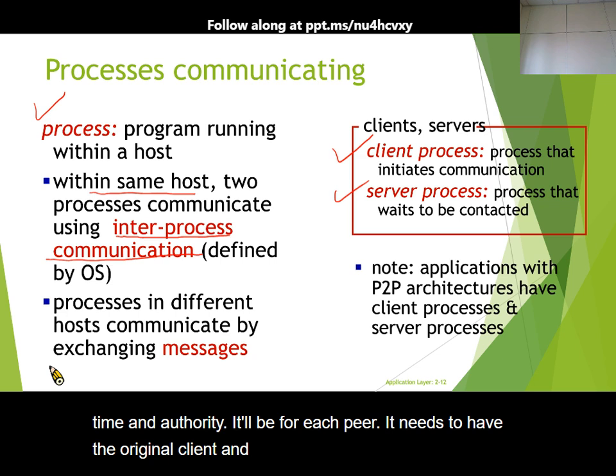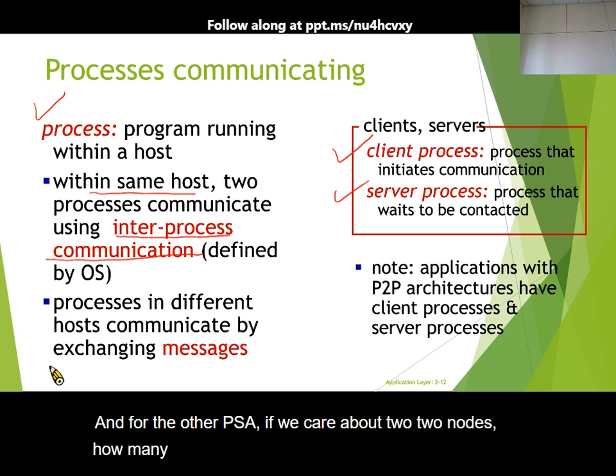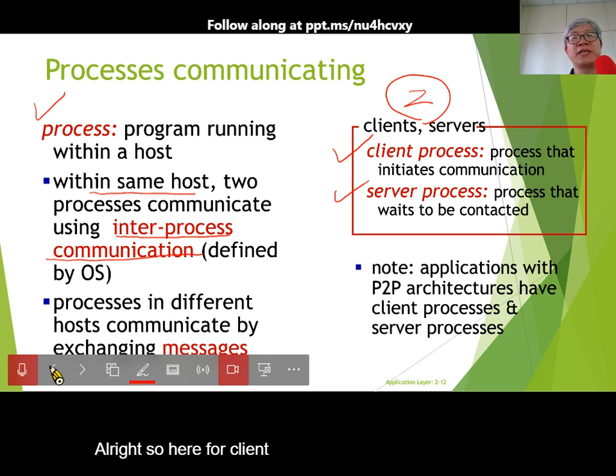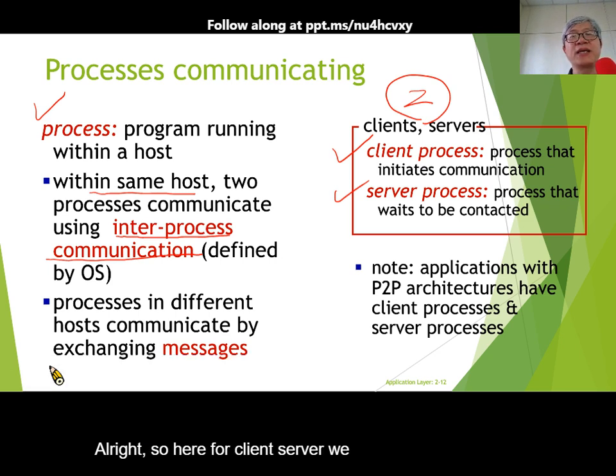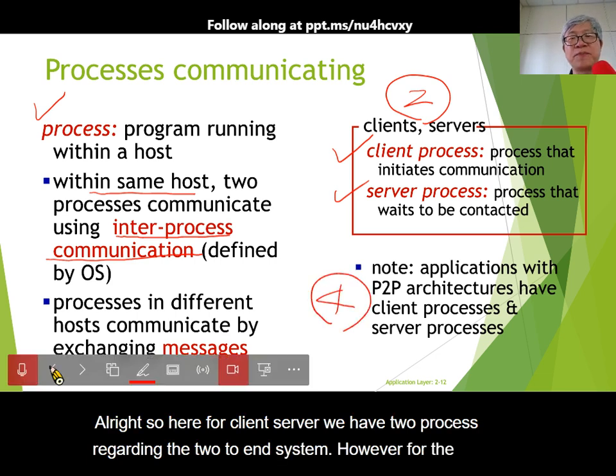And for the other peer, same. If we care about two nodes, how many processes for the P2P architecture? It's 4. All right, so here for client server, we have 2 processes regarding the two end systems. However, for the P2P architecture, we have 4.